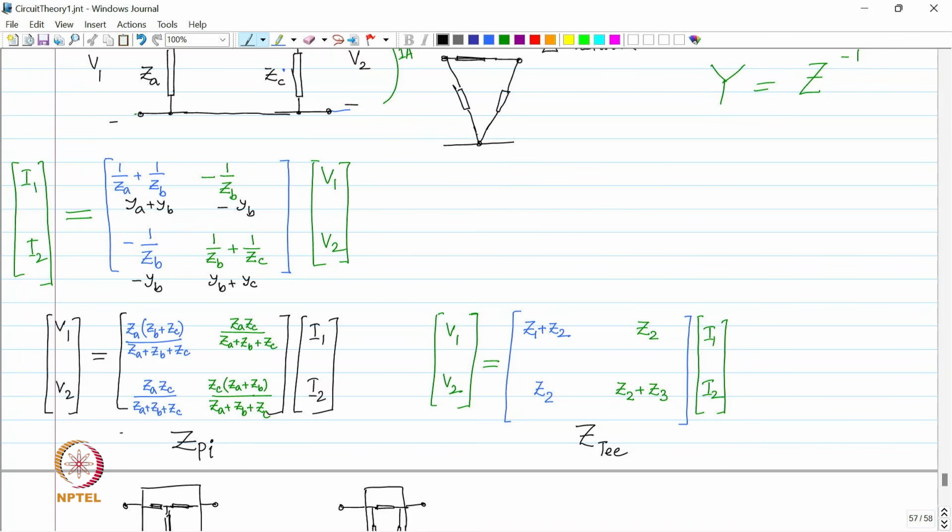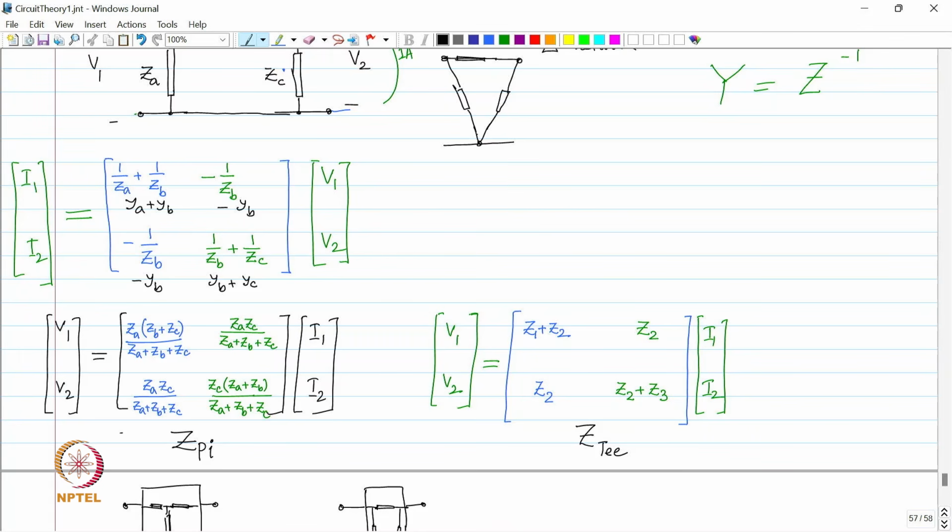What do you see? First, what do you see? Z2 has to be equal to what? ZA ZC by ZA plus ZB plus ZC, right. Immediately you see it, and you also see that therefore, if Z2 is known, then what happens to Z1?